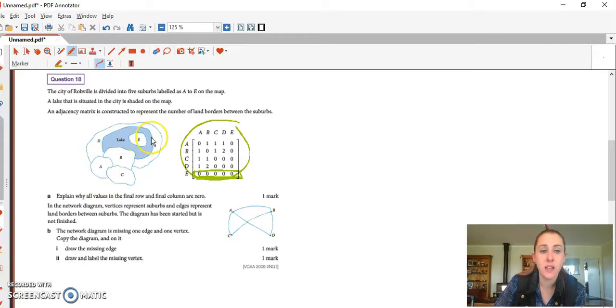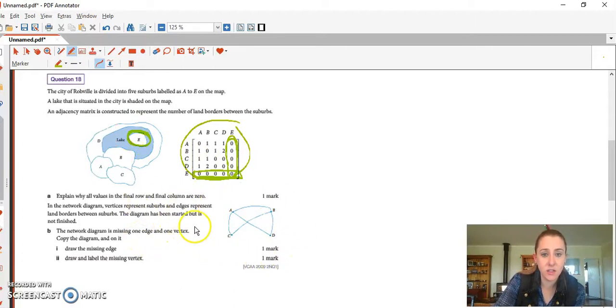It might look like you can get to D, but because there are no bridges, they don't connect, there's actually no way that you can get there. So it's not only the final row, but the final column as well that is represented by zeros, and that's why it's the lake, pretty much. That is an isolated vertex.